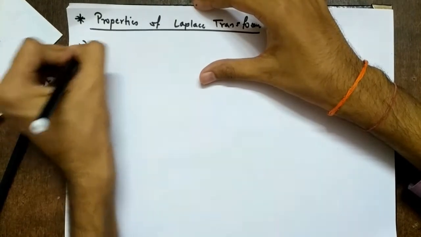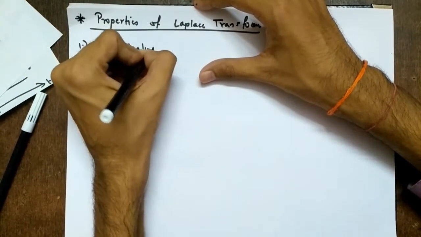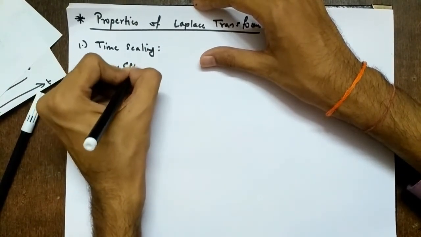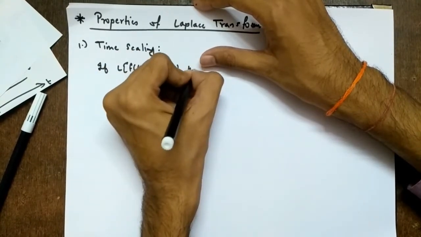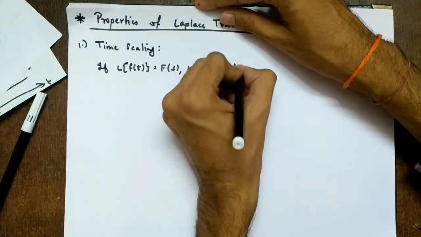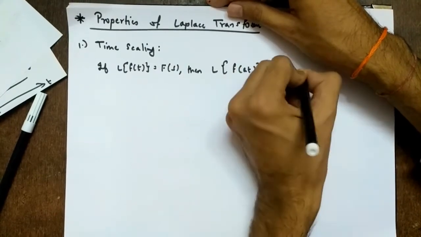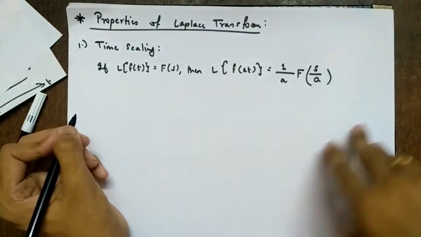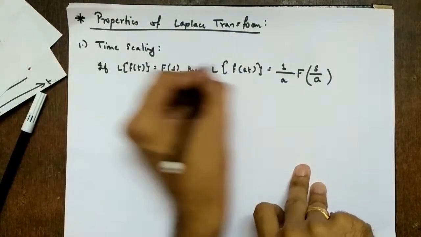First, important from the exam point of view is time scaling. If the Laplace transform of f of t equals F of s, then the Laplace transform of f of at is given by 1 upon a times F of s by a. This is the time scaling property.